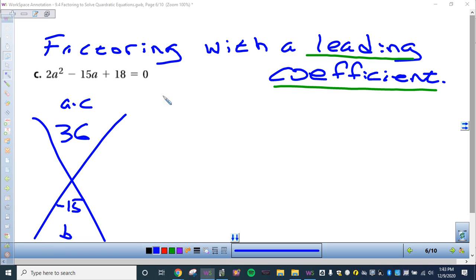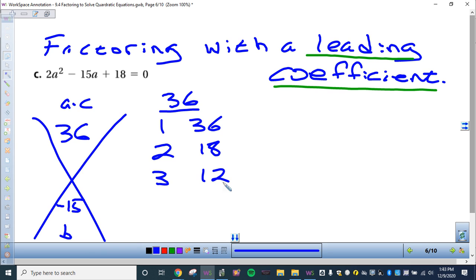Okay, so factors of 36. And if you realize as you're writing down factors that you already have the correct one, you don't have to write the whole list of factors. Like I realized right here at 3 and 12, that adds up to 15. That 15 is negative, so both of them have to be negative.